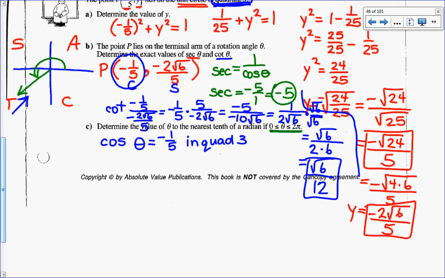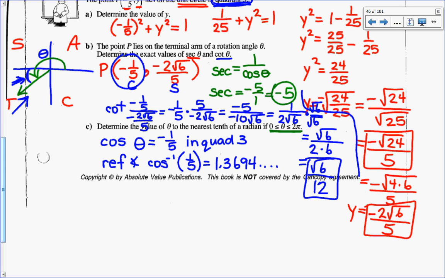So if that's the case, how am I going to figure out this little reference angle there? Because the value of this whole big angle, theta, would be the same as the value of its reference angle, right? So the reference angle, if I know cosine is -1/5, is going to be the inverse cosine of 1/5. Remember, you have to use the absolute value, not the negative. And that's going to give you 1.3694 for this little angle right here.